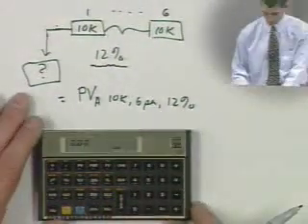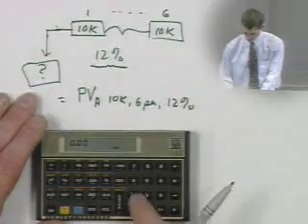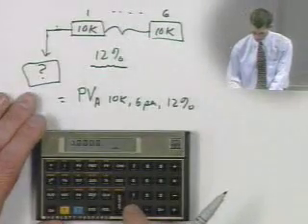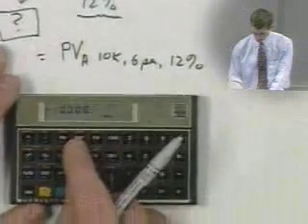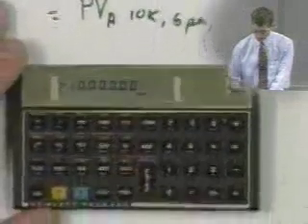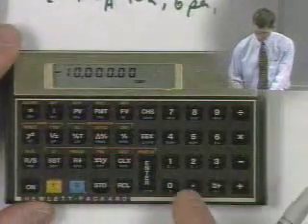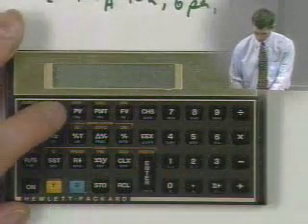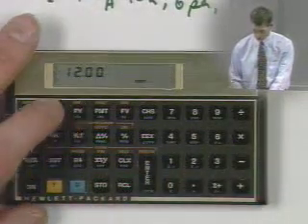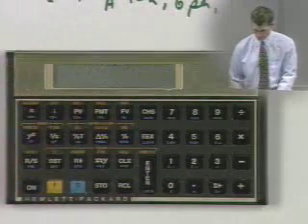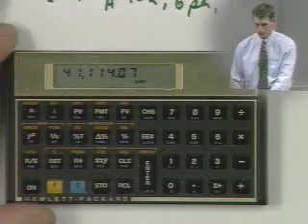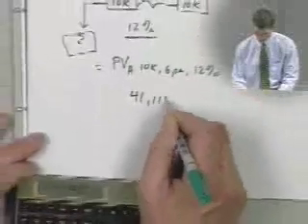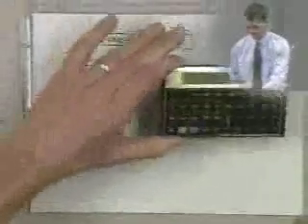So on this particular calculator, $10,000 is the payment. 6 is the number of periods. 12 is the interest rate. And I'm looking for the present value, PV. $41,114. And 7 cents.